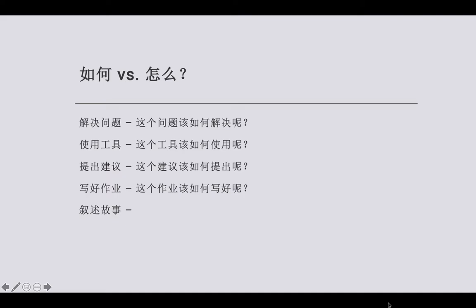叙述故事, narrate a story. 叙述 is narrate, raconter en français, 故事 is une histoire, a story. 叙述故事, raconter une histoire, narrate a story. So how can the story be narrated?